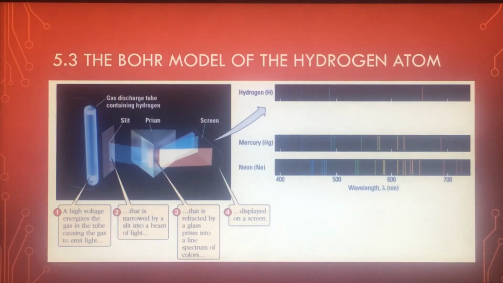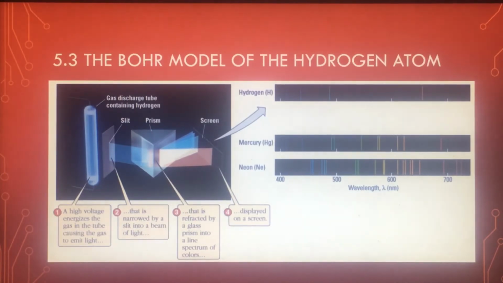Okay. So what if we have elements? For example here, we have a gaseous element, so an element in the gaseous phase, and then we connect it to a high voltage source wherein electrical energy will flow through it.